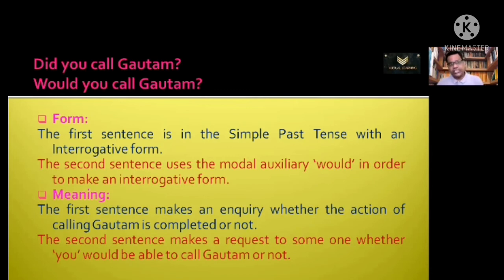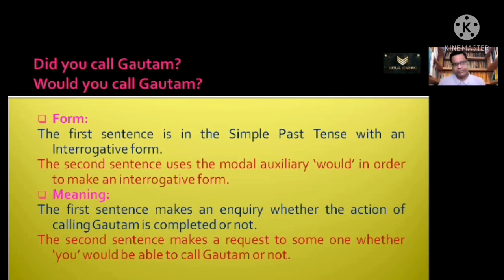And at the end of each sentence, we have a question mark. But now you look at the form here. The first sentence is in simple past tense with an interrogative form, whereas the second sentence uses the modal auxiliary would in order to make an interrogative form. So did is used to make the interrogative sentence here, and in the second case would has been used in order to make the interrogative sentence here.